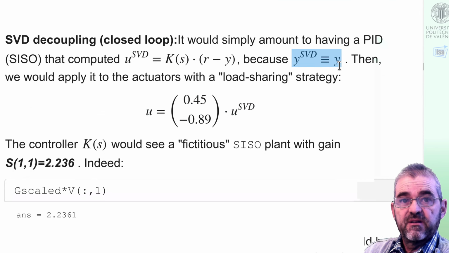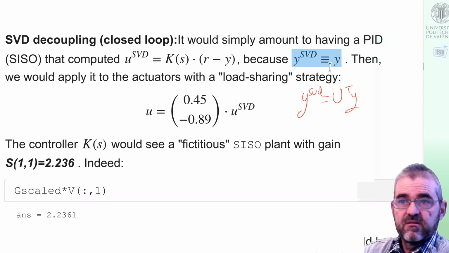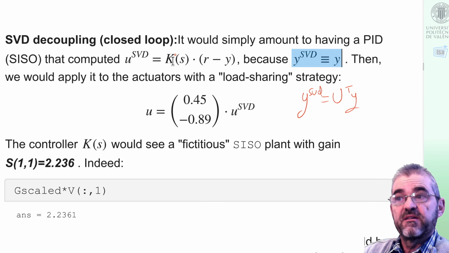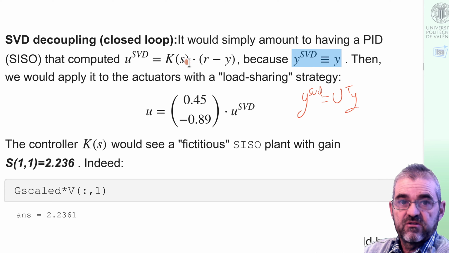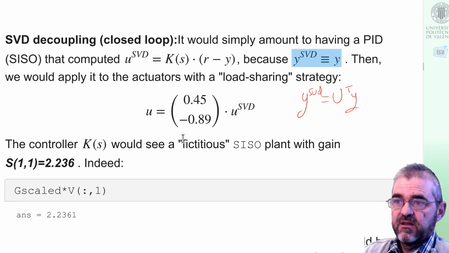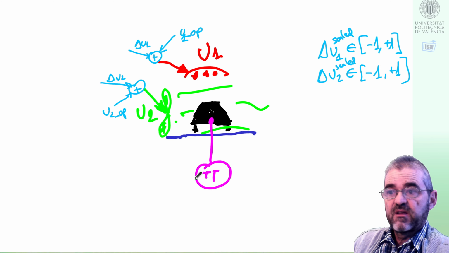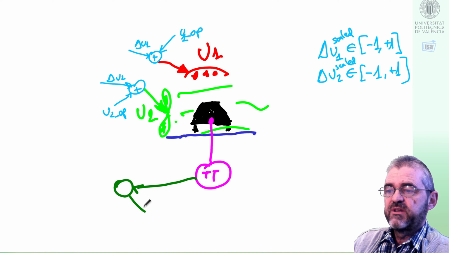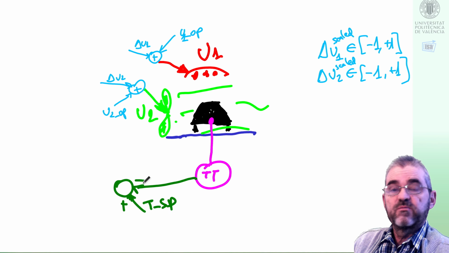As capital U is 1, our change of variable is nothing, so we need no change of variable in the output directions. Then we multiply by the SVD decoupled controller. In this case, we have only 1 maneuver, so this KS will be diagonal of size 1, just 1 PID, and then this would be USVD, and with this we convert it to physical U. So in the end, we would send this temperature reading to a controller in which I would compare to a set point.